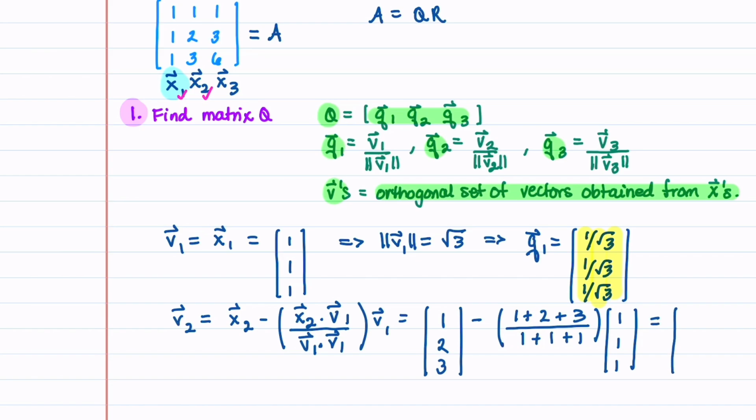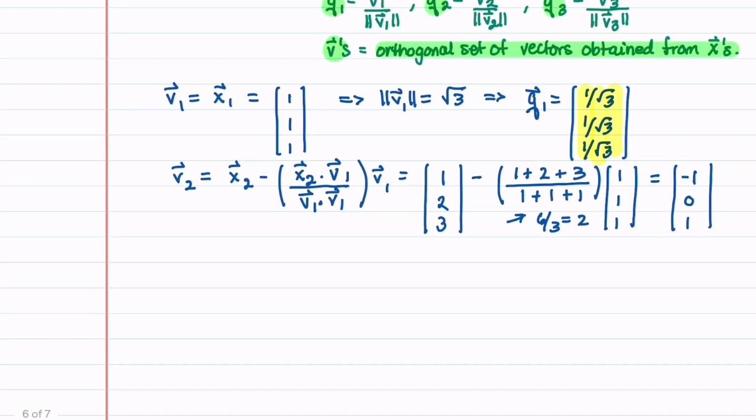Let's now see what this gives us. This is going to be 6 over 3, which is 2. So for our first component, we're going to have 1 minus 2, which is negative 1. And then we're going to have a 2 minus 2, which is 0. And then a 3 minus 2, which is 1. In order to find Q2, we need to find the magnitude of v2.